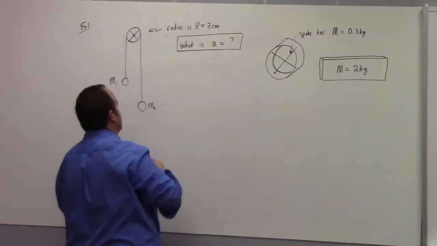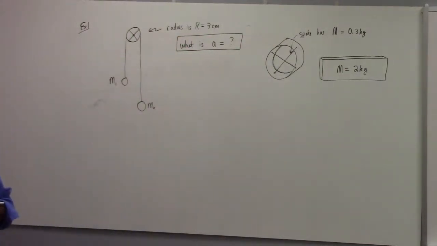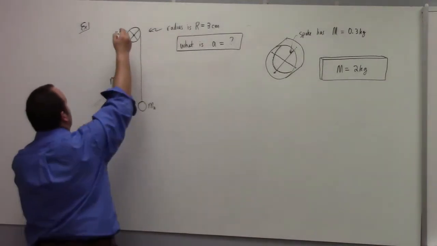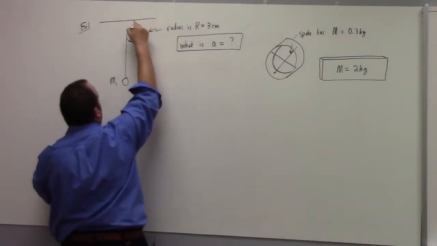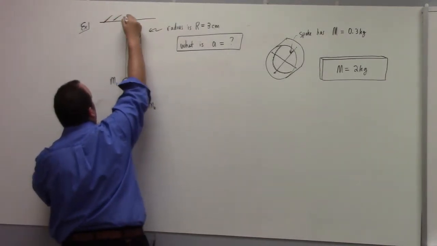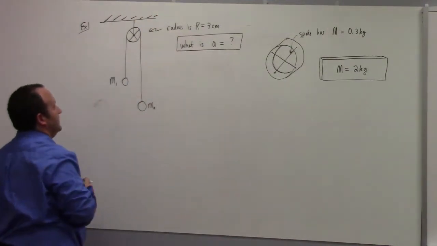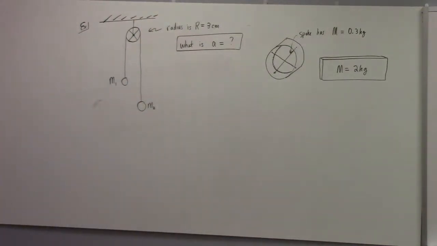See, because this is an Atwood machine, right? But the difference with this Atwood machine and the previous one we looked at is, what did we say about the pulley last time? We said assume the pulley is essentially frictionless, but more importantly, massless. We're still going to assume that the pulley is frictionless.